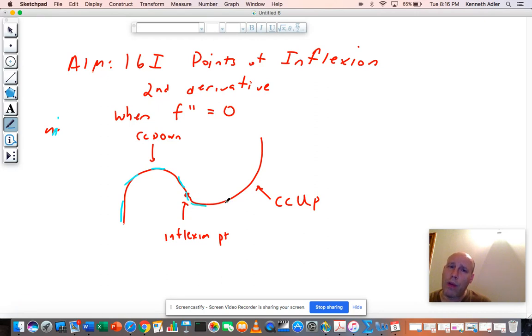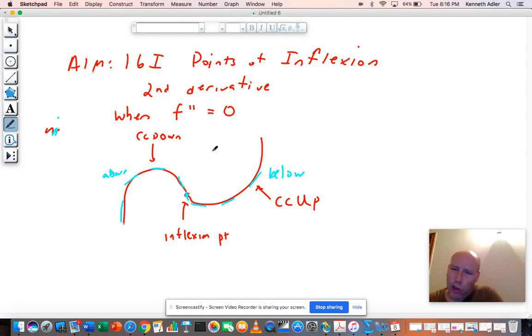Now it's below the curve, below the curve, below the curve. So above and below, or it could change from below to above. That's the idea of the inflection point.